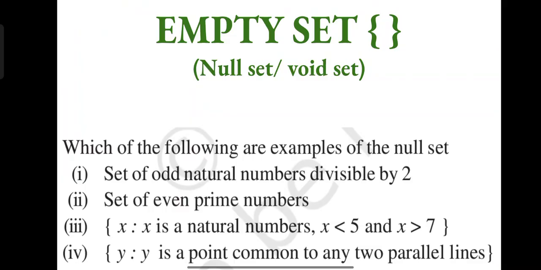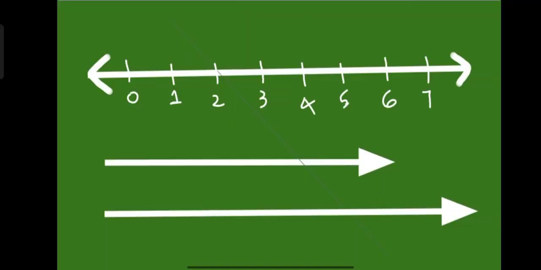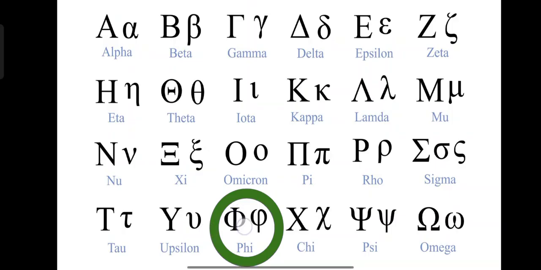So let's move on. An empty set is represented as phi, or a null bracket. Phi is the symbol, this one. We use the capital phi; it is a Greek alphabet letter.